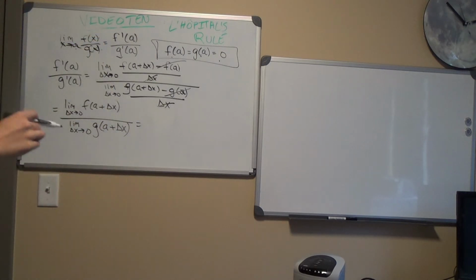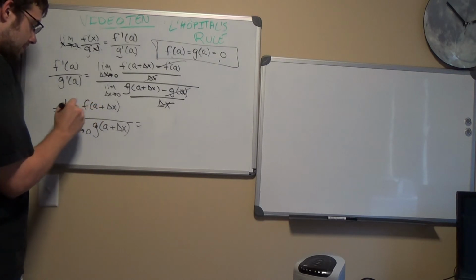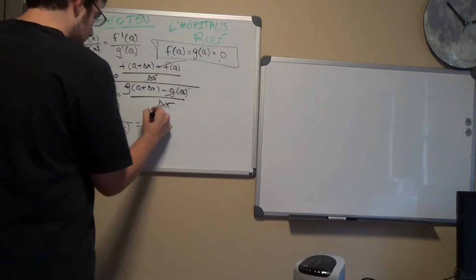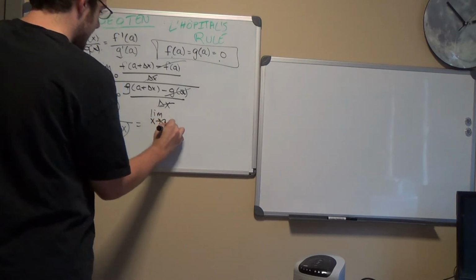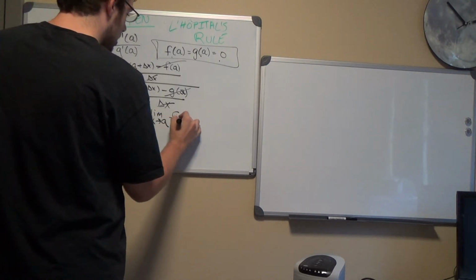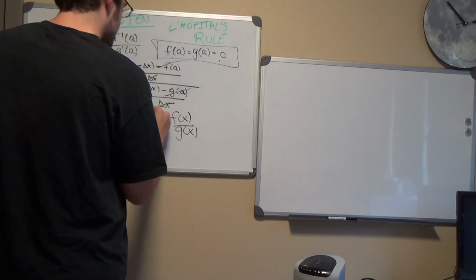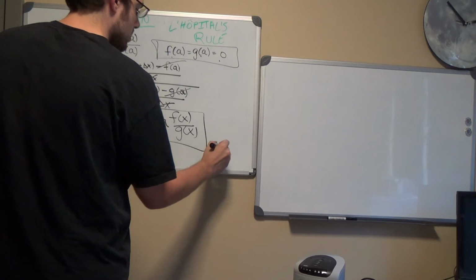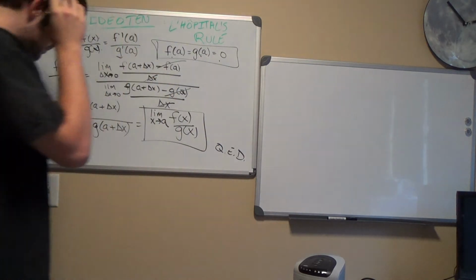So we want to find the limit as x approaches a. We can redefine this limit as the limit as x approaches a of f of x divided by g of x. Q.E.D.